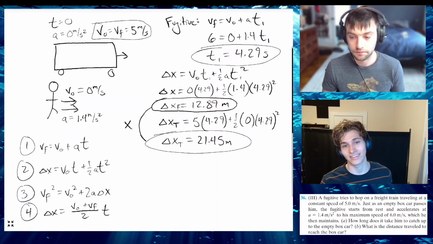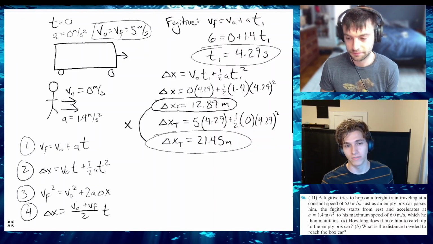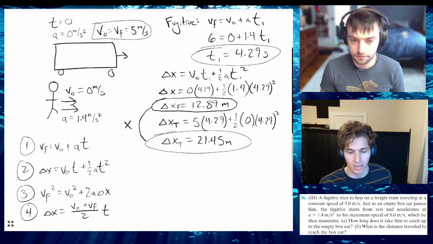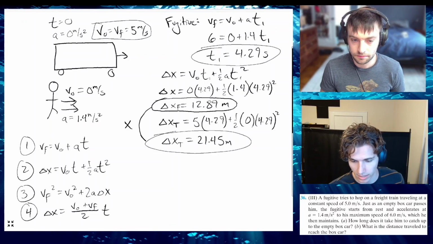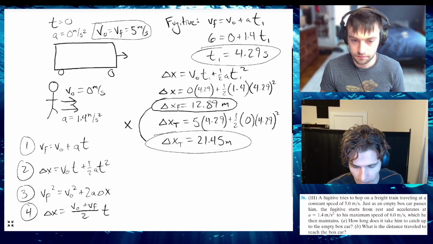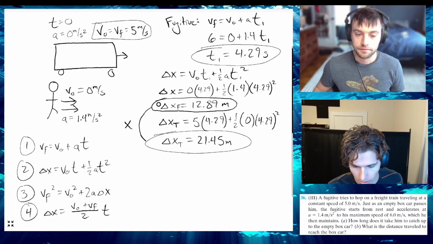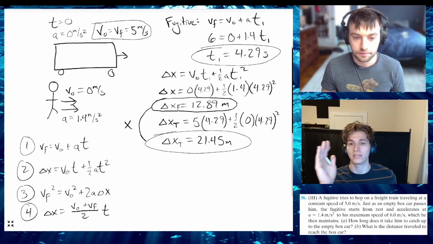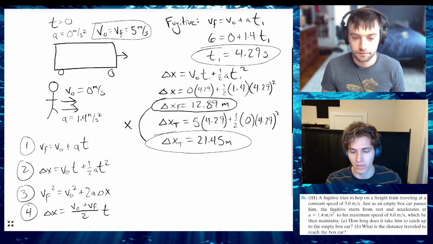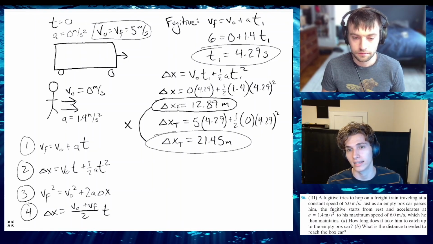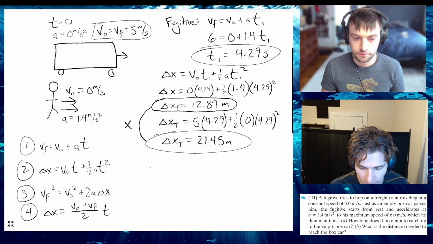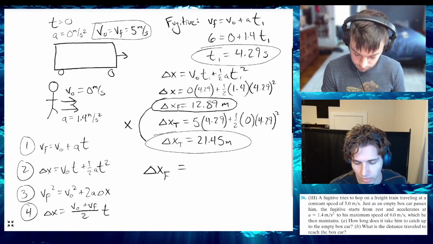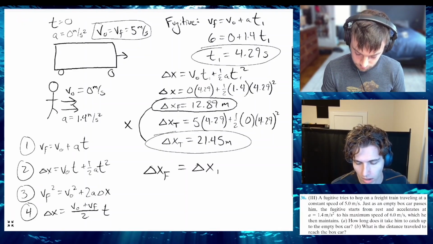This is where it gets a little tricky. So, our fugitive, his total distance covered is going to be something like this. We know that from starting to 6 meters per second, it's going to take him 4.29 seconds. So we have to get that the delta x of the fugitive is equal to the delta x of the train.